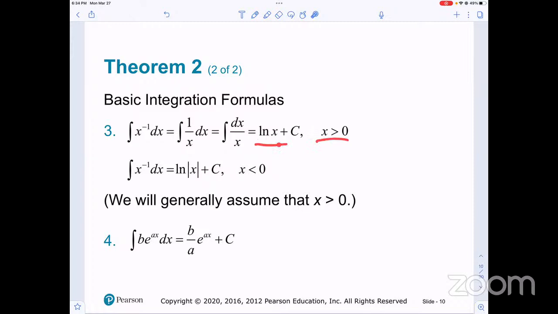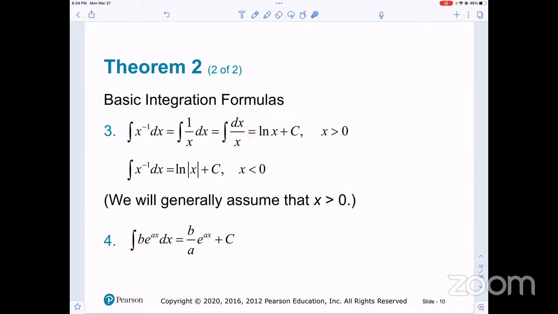If x is negative, we have to say the natural log of the absolute value of x plus c, because we cannot take the log of negative numbers, so we have to force x to be positive by introducing the absolute value. But generally, we assume that x is positive, and more often than not, it'll look like the above case.